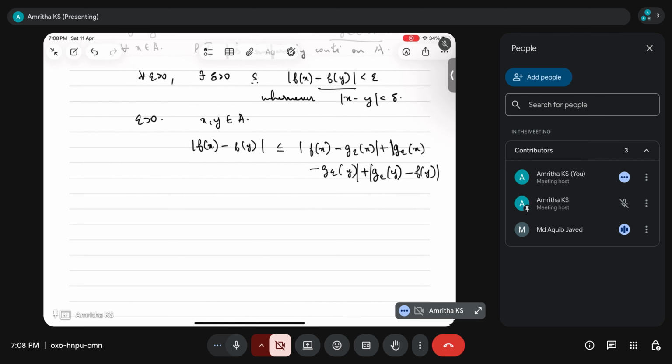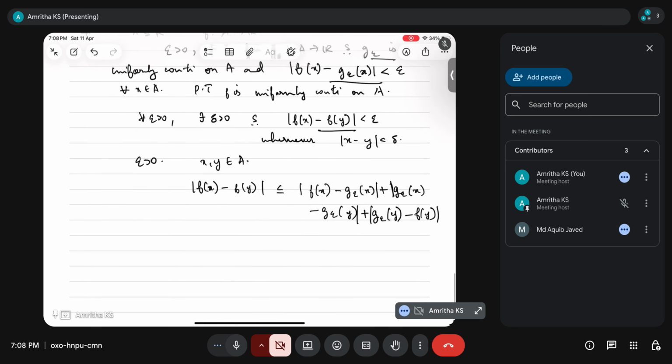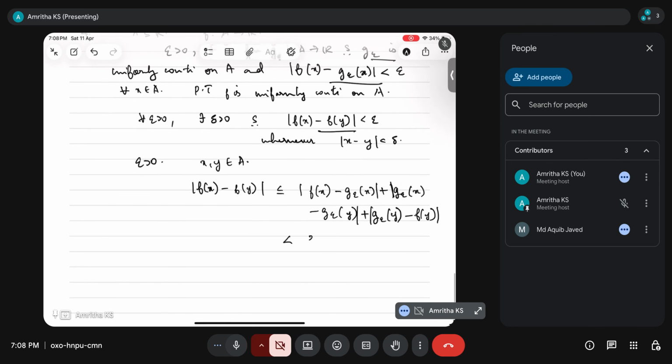So each of the outer terms is less than what is given, for all x. So less than epsilon over 3 for g epsilon, whenever mod x minus y is less than delta.